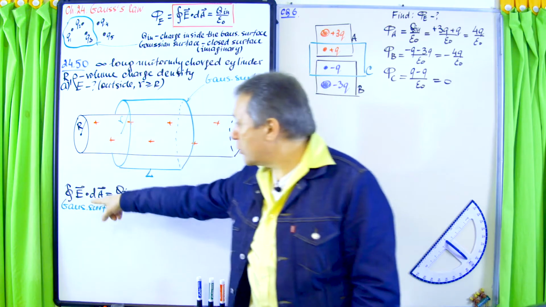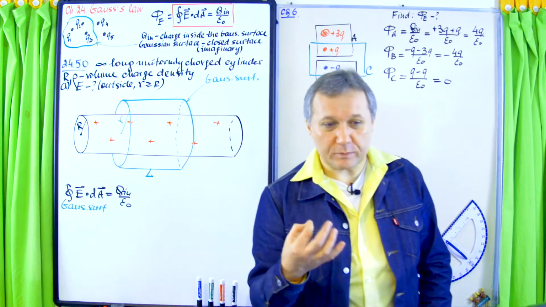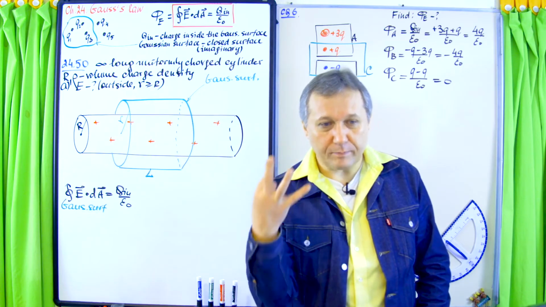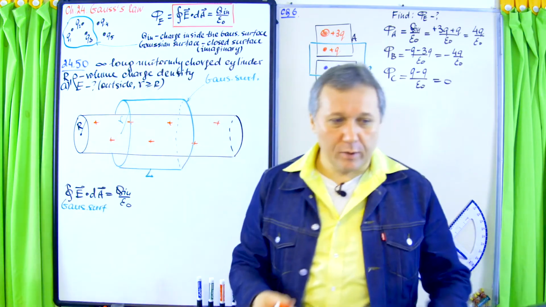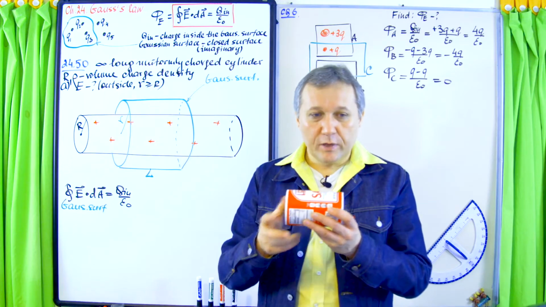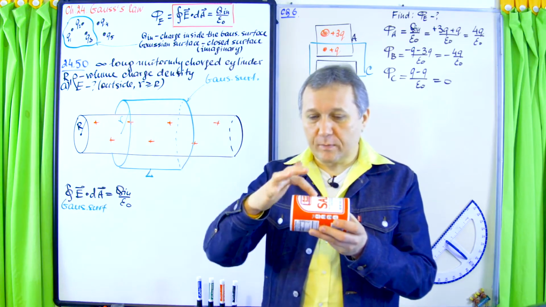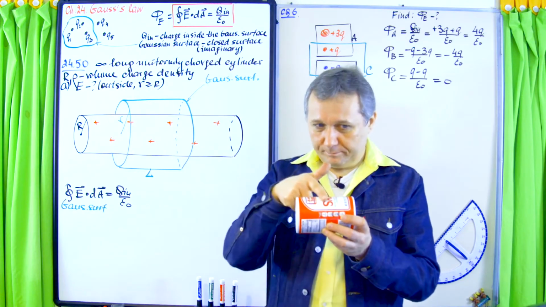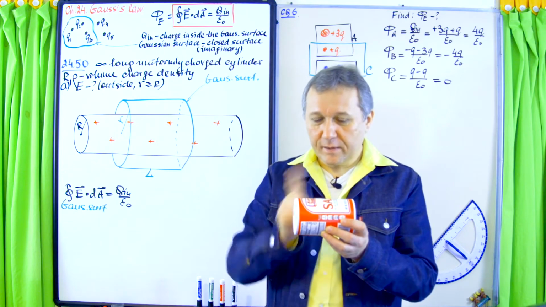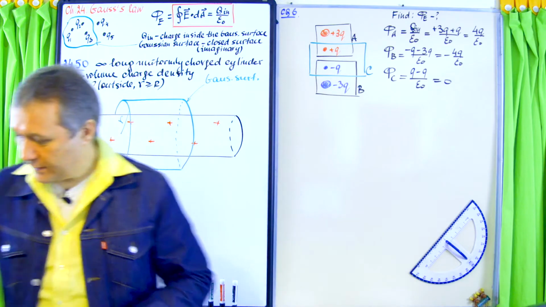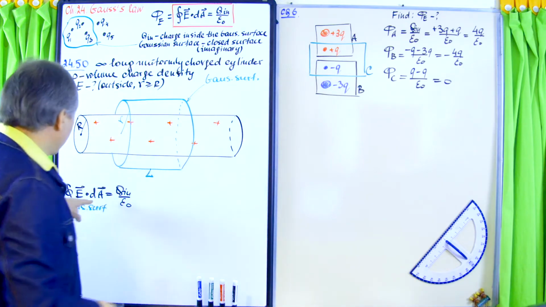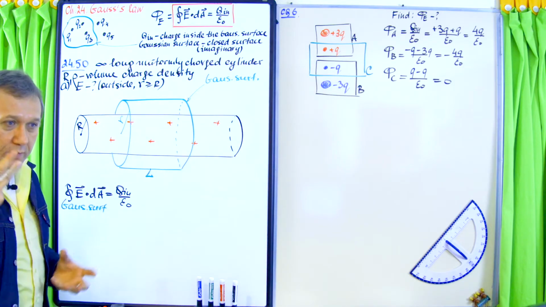In order to take this integral, of course, we need to split this surface into 3 parts. I doubt that you would disagree about that. Of course, we'll have to pick surface number 1, a cylindrical wall, then front facet and back facet. So there will be 3 surfaces, and this integral we have to split into 3 integrals.